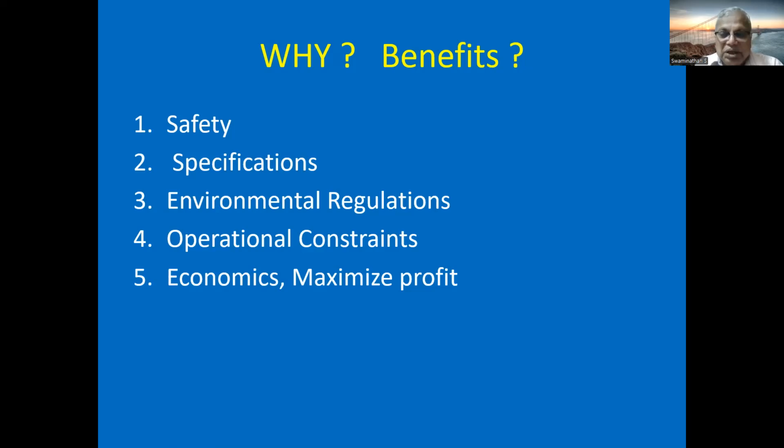For example, the availability of raw material. There may be many choices for raw materials, so which raw material is available in more quantities, ease of availability of raw materials, the demand for products, and the operating conditions also should be taken into account.